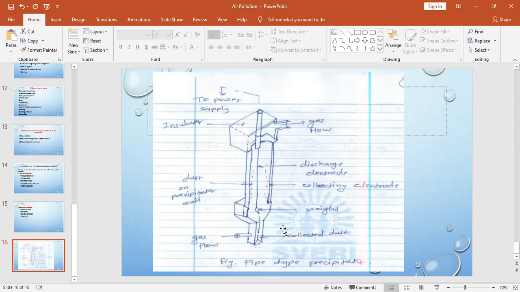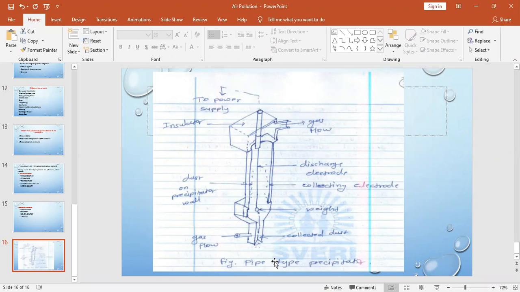Then we have studied the cyclone separator. Sorry, it can be used to remove particles whose size is equal to or greater than 10 micron. Then we have studied the bag filter, which is efficient to remove particle sizes in the range of 5 micron to 10 micron.